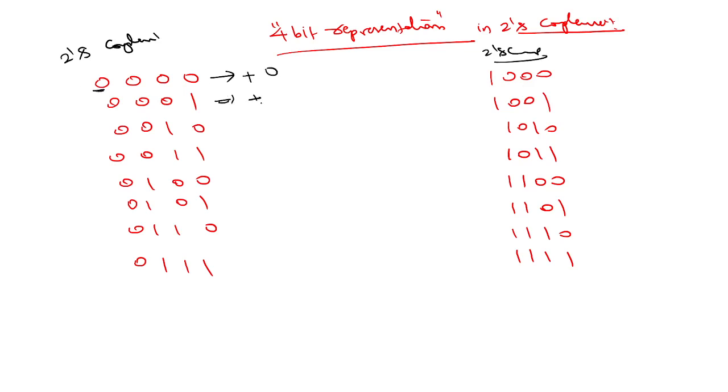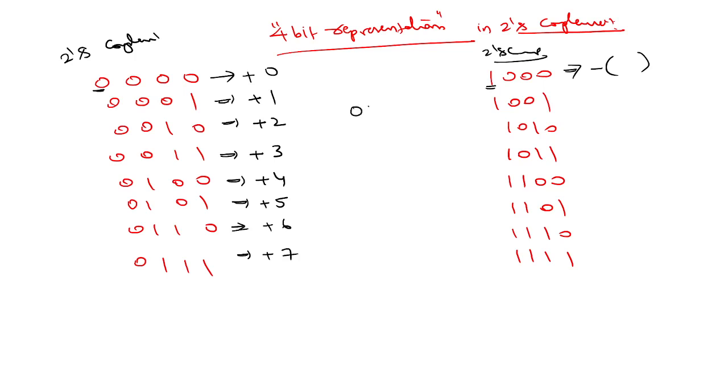So you make it like this: +1, +2, +3, +4, +5, +6, +7. Now what is this number? Look at this. That is a negative number. Since it is a negative number, you apply 2's complement again.